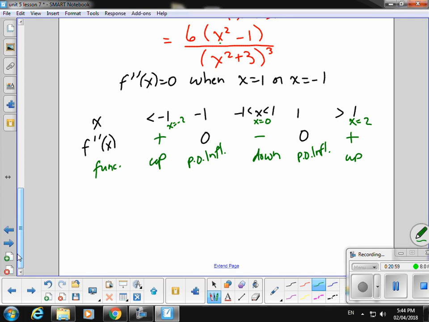So I have the 0 already, but I'm going to look at those points of inflection as really good key points to have. If I put a 1 in there, up at the original function, which is 1 over x squared plus 3, I have 1 over 4. If I put a negative 1 in there, I also have 1 over 4. So these are our 2 points of inflection, 1, 1/4 and negative 1, 1/4.